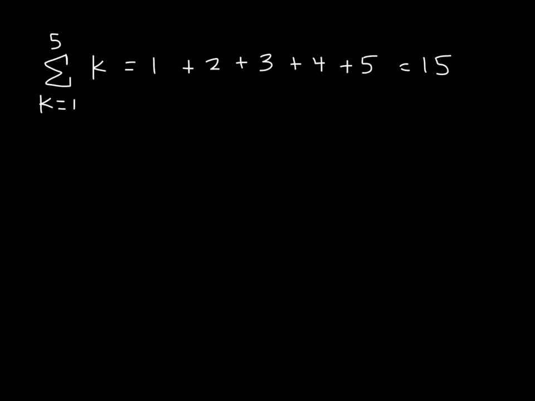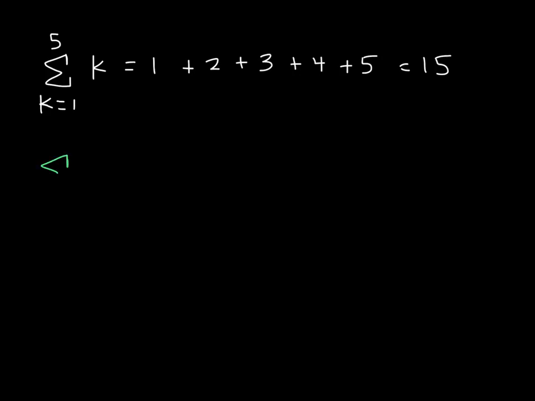This is the series, the sum written out one term at a time. This is the value of the sum, and this is the sum in sigma notation. So sigma notation is shorthand for writing 1 plus 2 plus 3 plus 4 plus 5. We don't want to write all of that out all the time, so this is shorthand for expressing all of this. Let's look at another example.